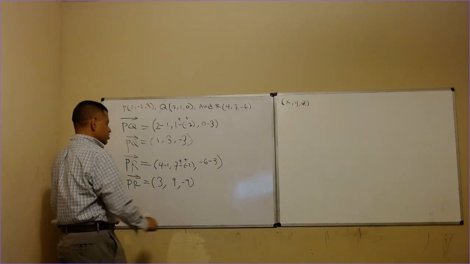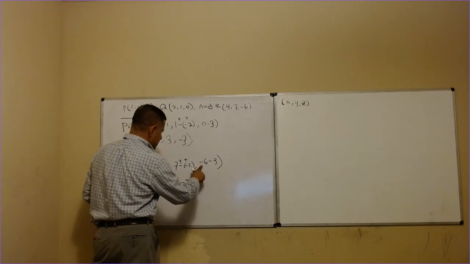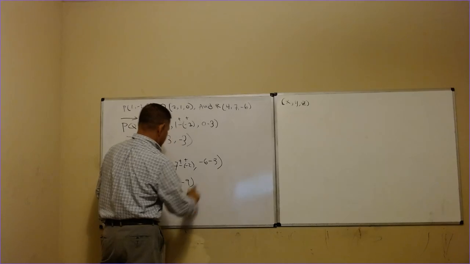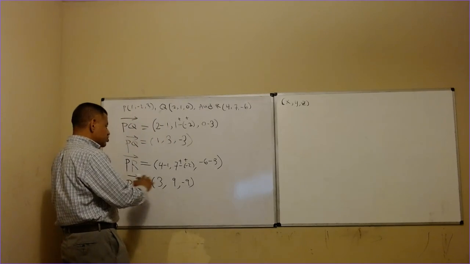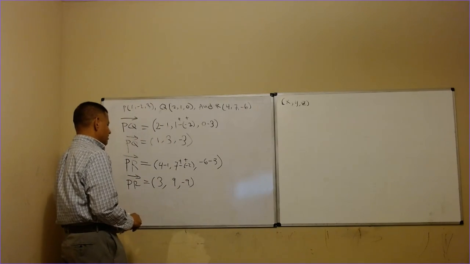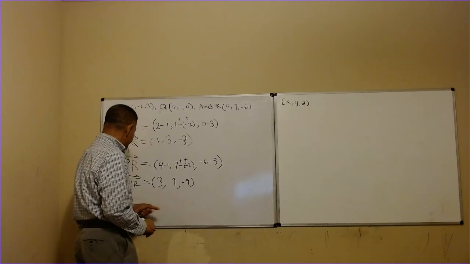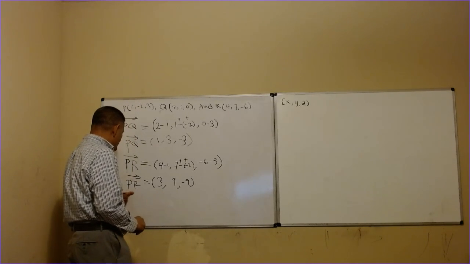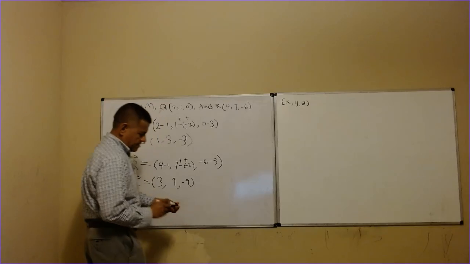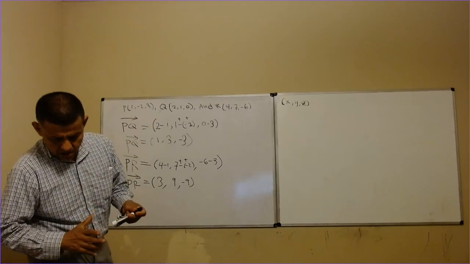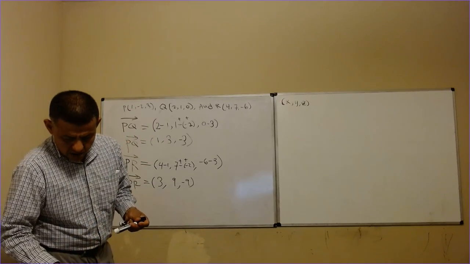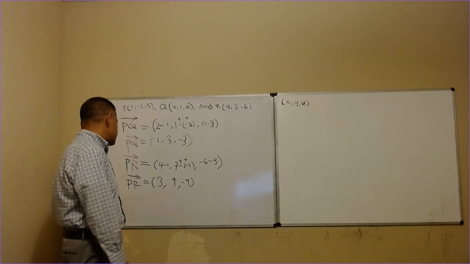So I am adding negative 6 and minus 3, two negative numbers. Now, this is my PR component. All right, and that is exactly correct.